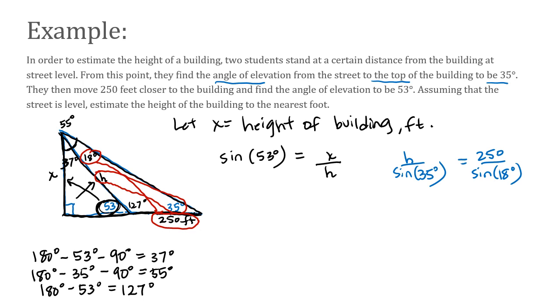I'm going to multiply both sides by the sine of 35 degrees. So I get h is equal to 250 times the sine of 35 degrees all over the sine of 18 degrees. And when I put that into my calculator, I got approximately 464.0330846.